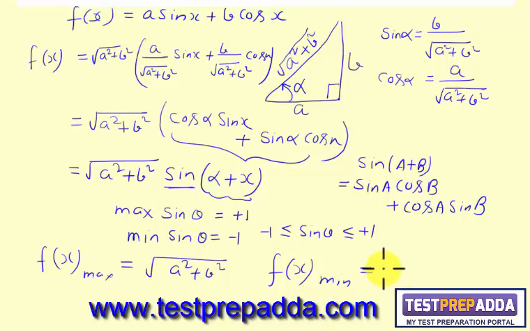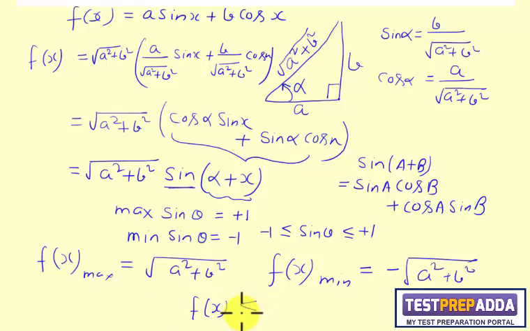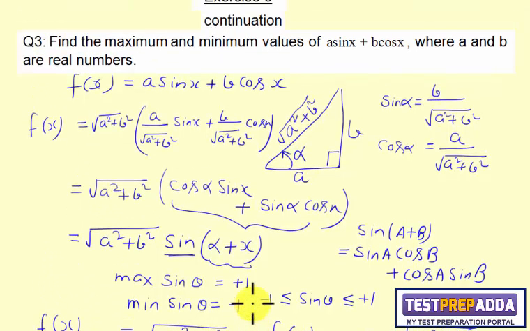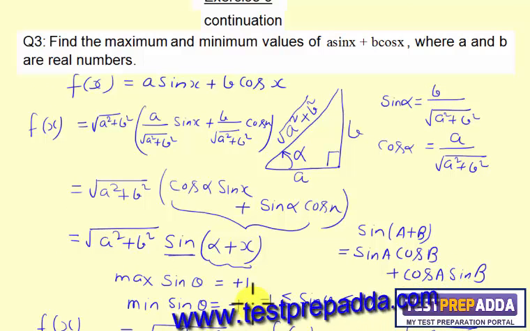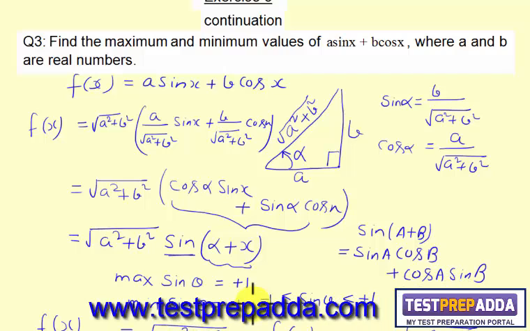Minimum value of f(x) will be minus root a square plus b square. Got it? So this f(x) will lie between these two values, minus root a square plus b square and root a square plus b square. So this can be considered as the range of this given function a sin x plus b cos x. Got the idea? Okay.